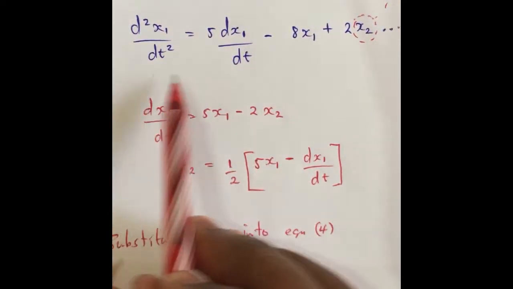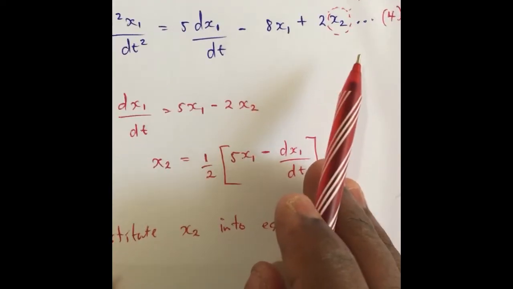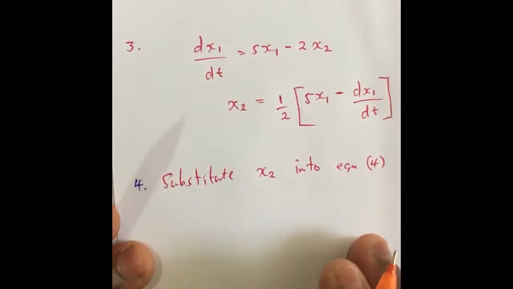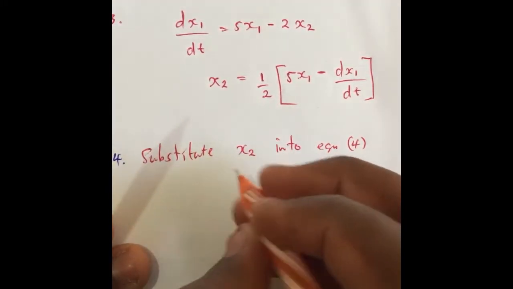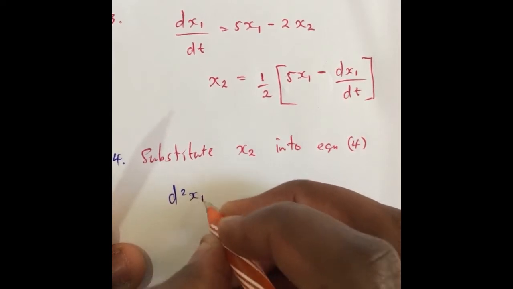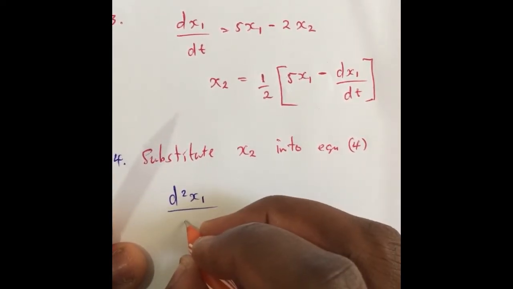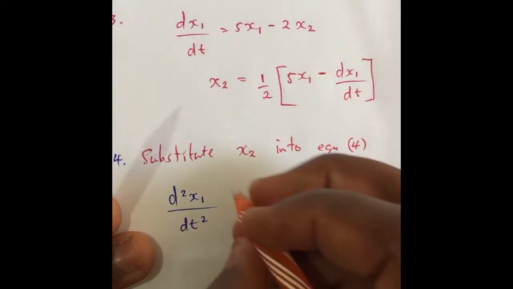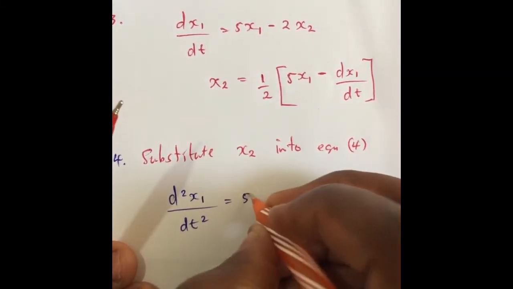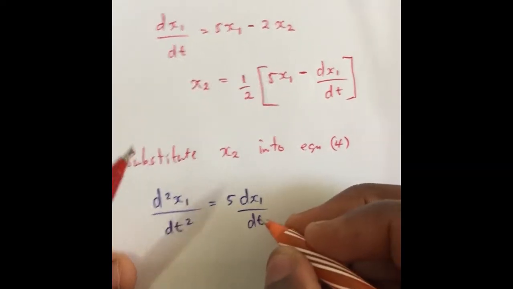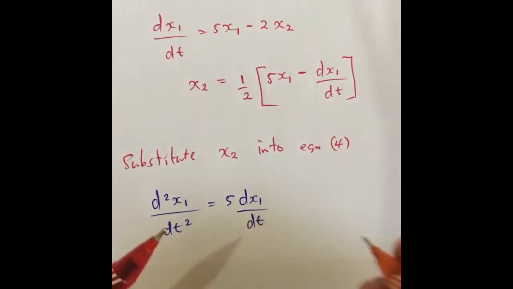Now substituting that, you'll have something that looks like d squared x1 over dt squared equals 5 dx1 over dt, correct? Yes, that's correct.